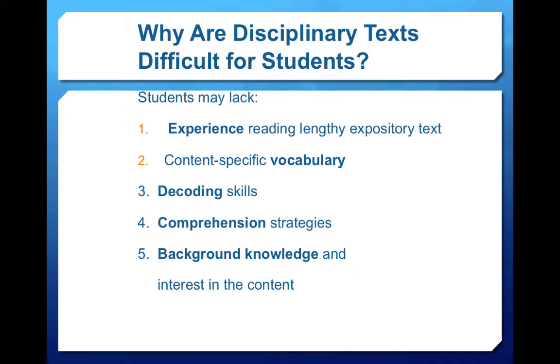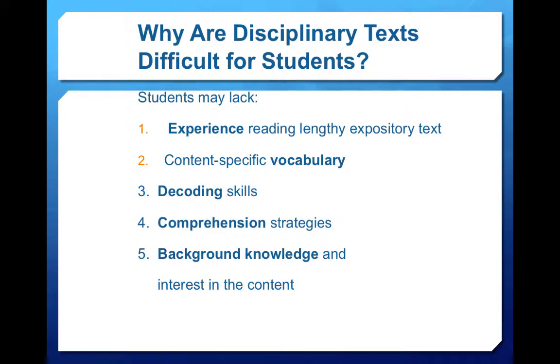We know that disciplinary text can be difficult for students because in the past, students have had a lot of experience with narrative text and the idea of story grammar, so that we have a story with a setting, characters, rising action, climax, falling action, and resolution.